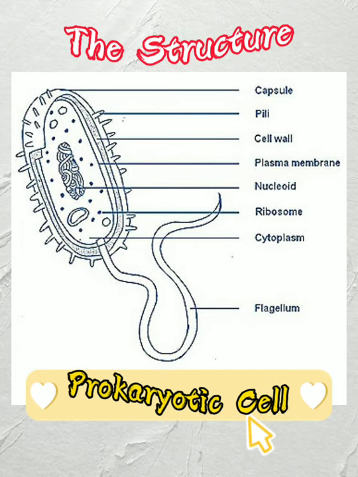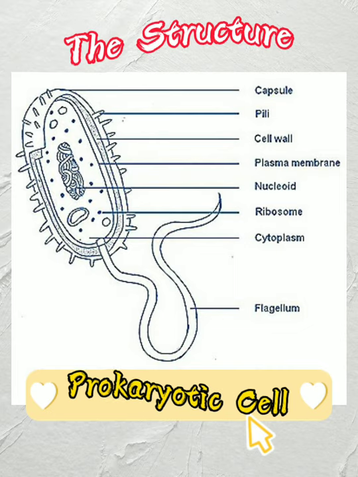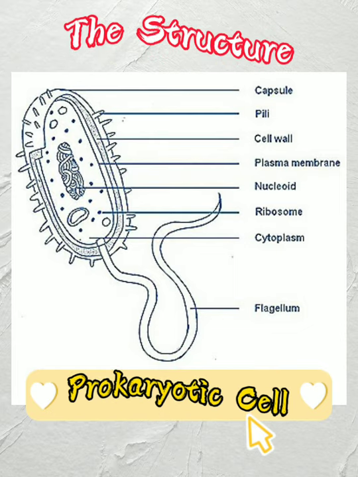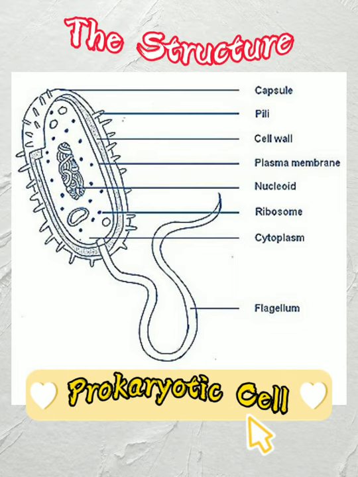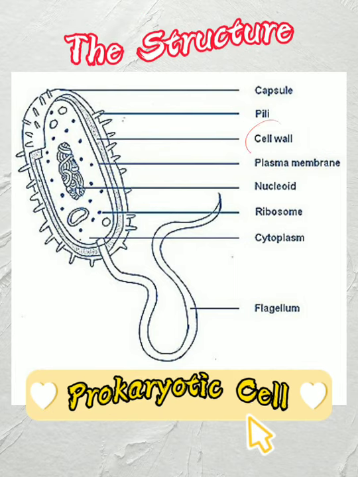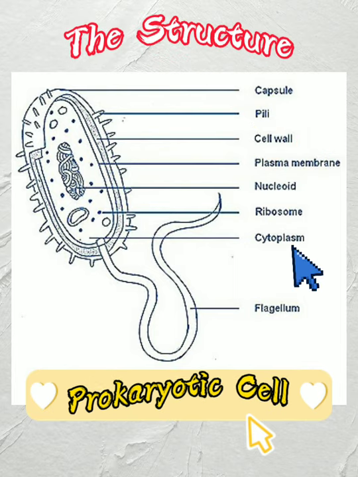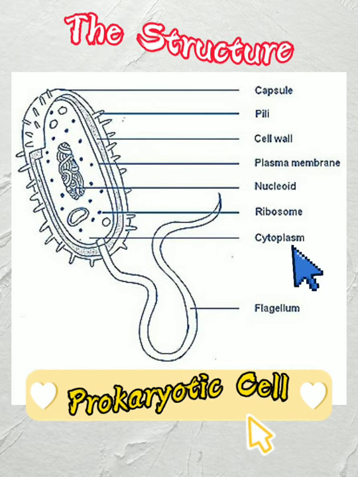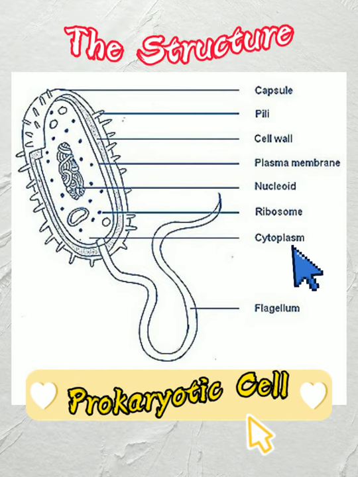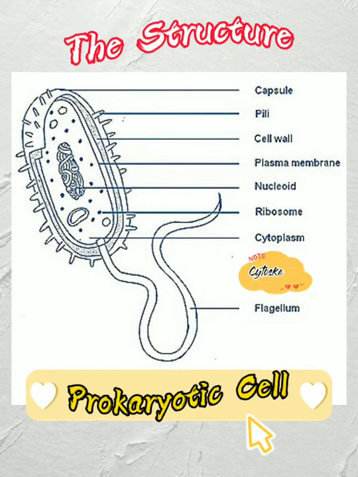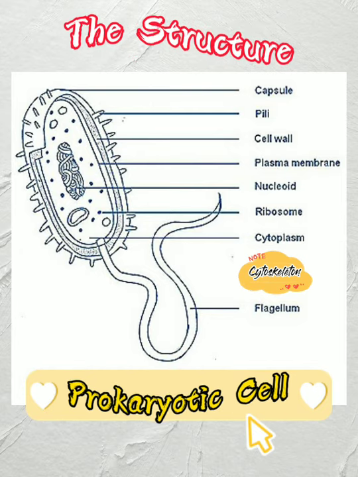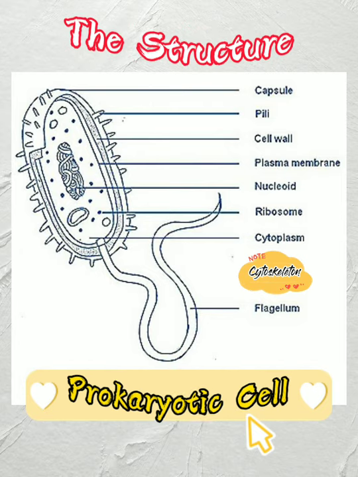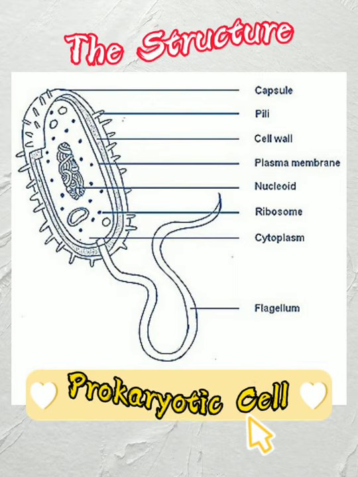Some other parts of prokaryotic cells are similar to those in eukaryotic cells, such as the cell wall surrounding the cell, the cytoplasm, which is a gel-like substance that makes up the filling of the cell, and the cytoskeleton that holds the components of the cell in place.